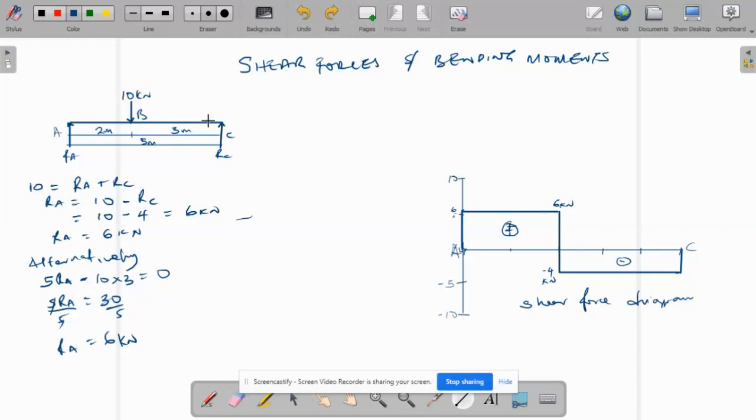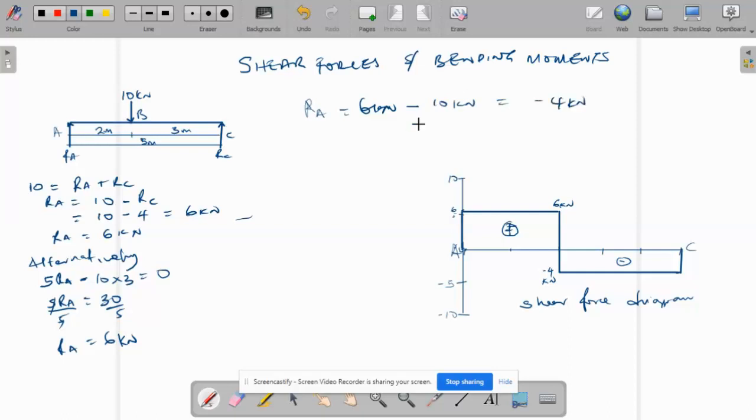So here, if we're moving from the left, we know that the first force that we have here is reaction A. So our reaction A is equal to 6 kilonewton. So when we move here, we have 6 kilonewton. When we get to point B, it will be 6 minus 10 kilonewton, and this will be equal to minus 4 kilonewton.